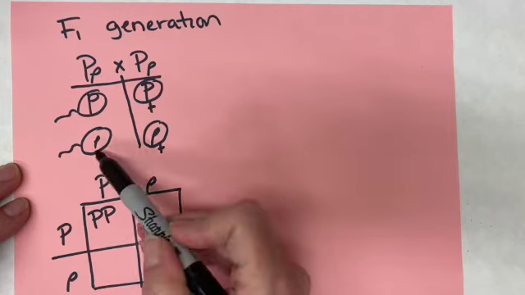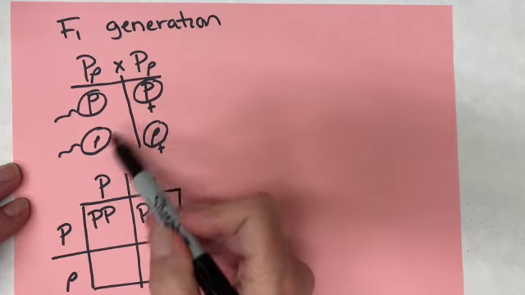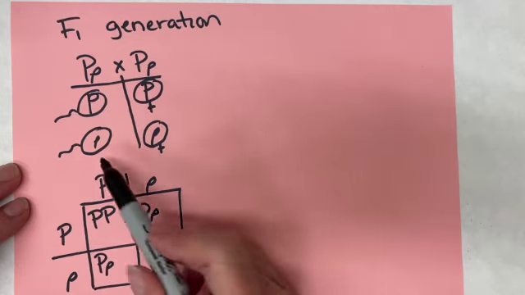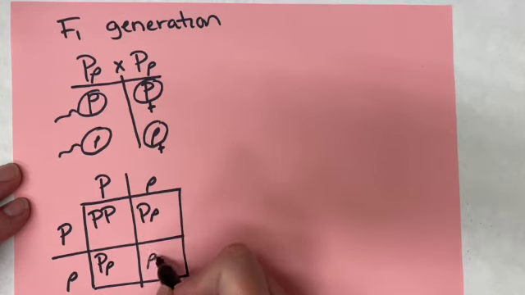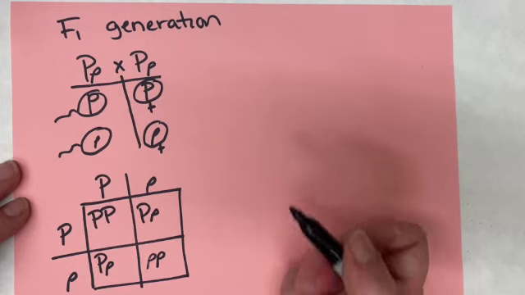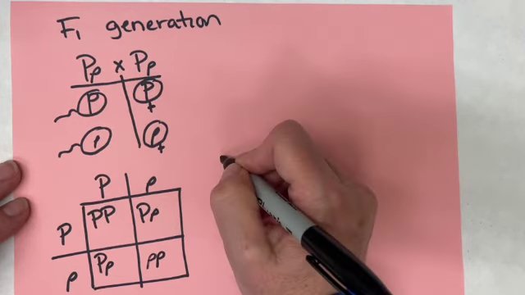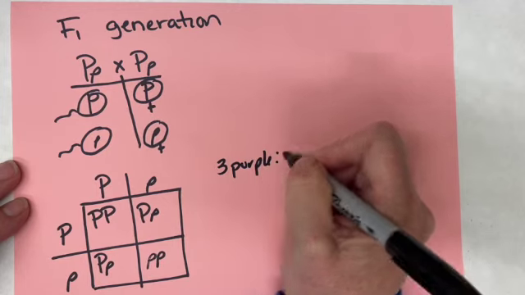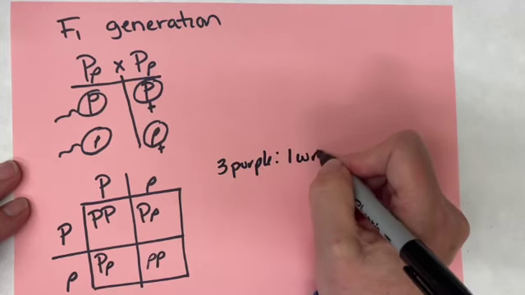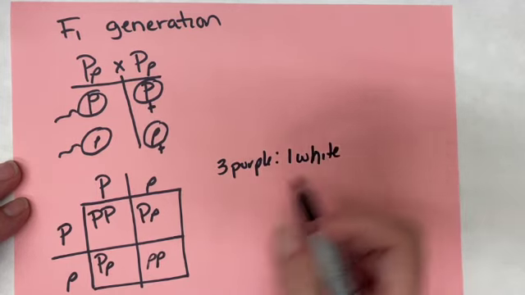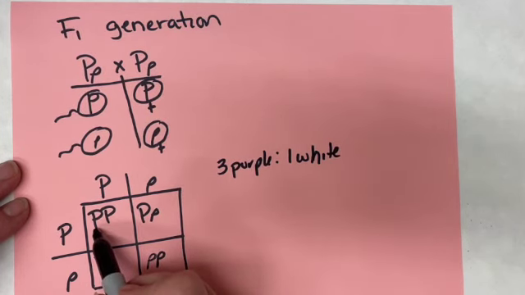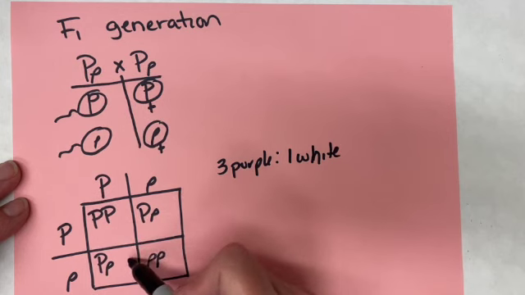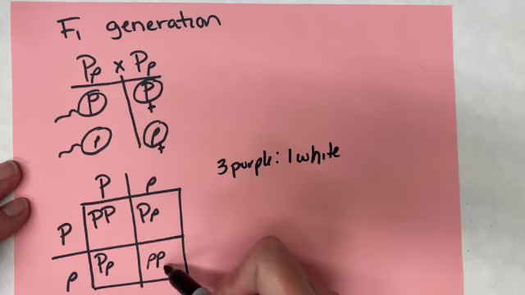If this sperm met with this egg right here, it would look like that. Again, we put the capital P first, and then if this sperm met with that egg, it would look like that. So in this generation, we end up getting a 3 purple to 1 white flower, because as long as you have one dominant letter, you show the dominant phenotype. So 1, 2, 3 dominants, and 1 recessive.